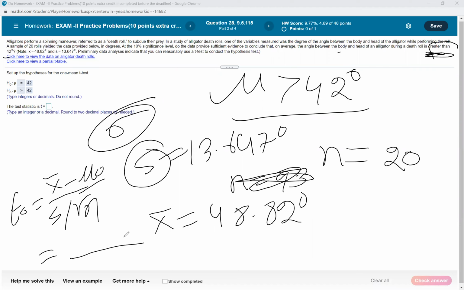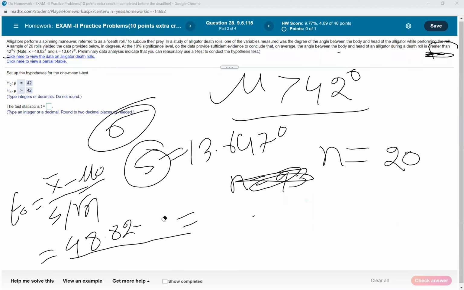So that means you need to find the x bar. What is the x bar? 48.82 minus the hypothesis value, which is 42, and the standard deviation is 13.647 divided by square root of 20.